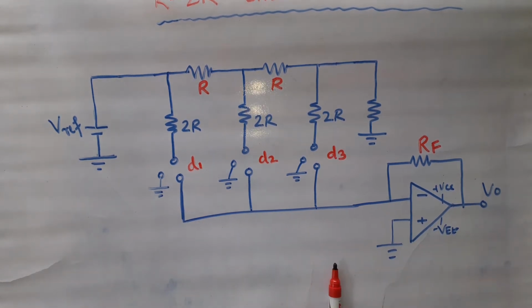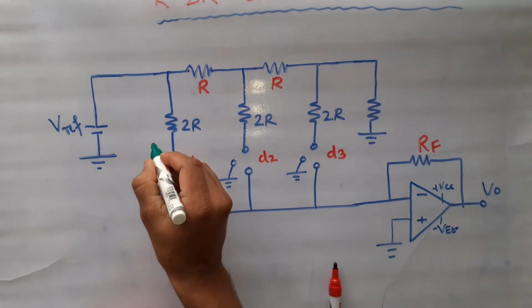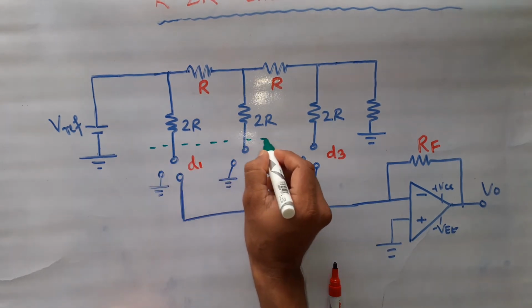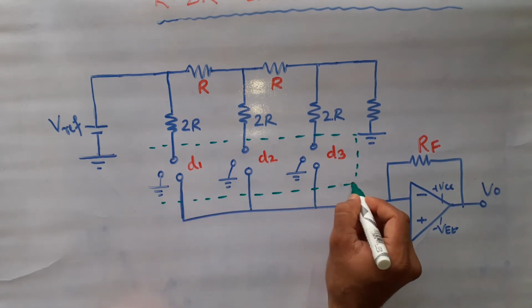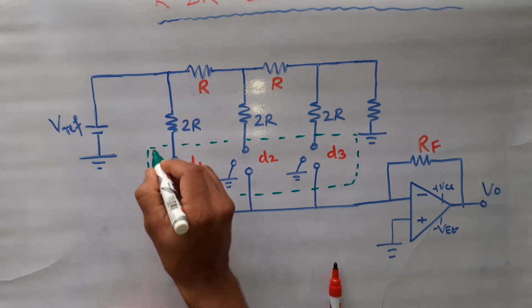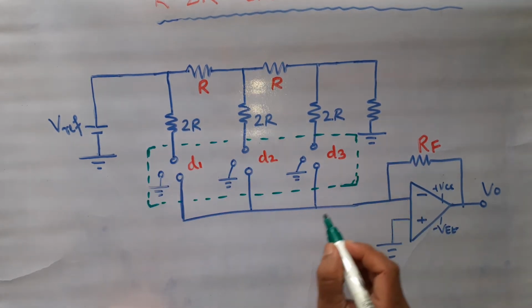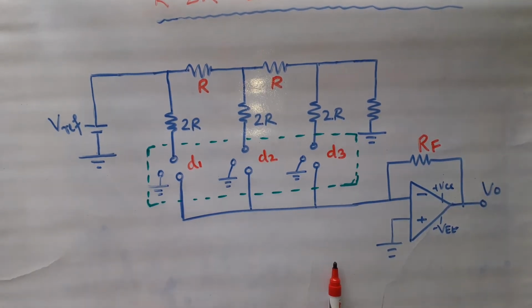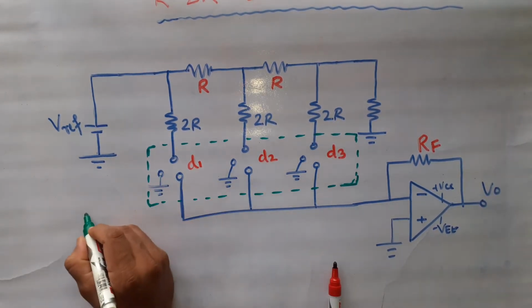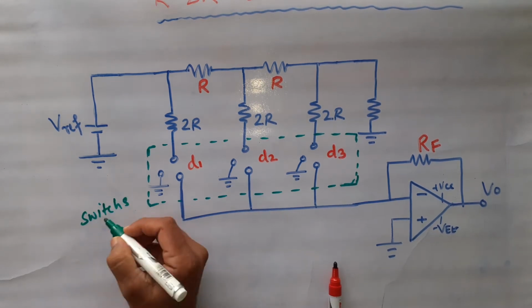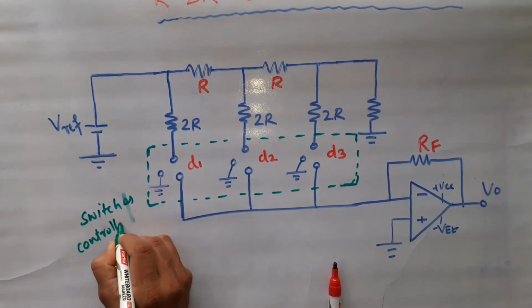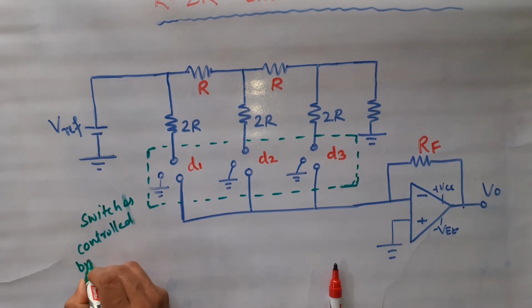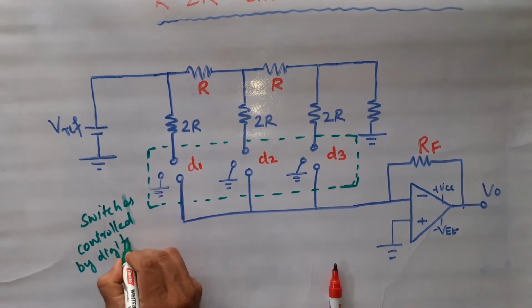Here the 3 bits are what you see as switches, controlled by digital inputs.